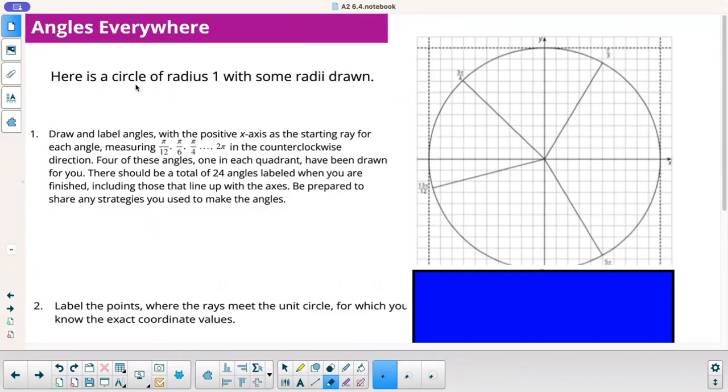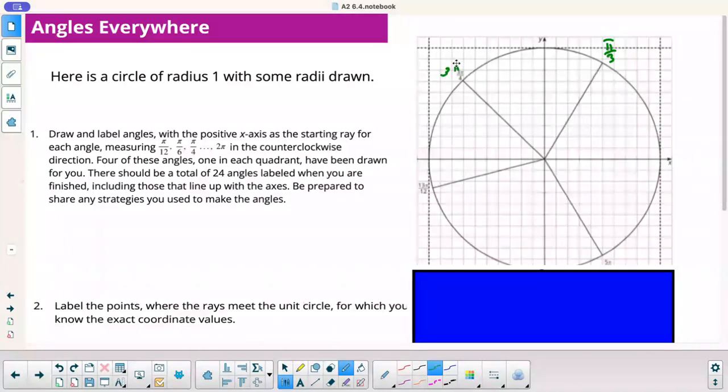All right. Here is a circle with a radius of 1 and some different radii drawn. You can't really see the angles here, so I'm going to rewrite them so you can see them a little bit better.